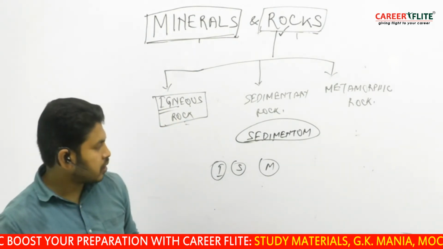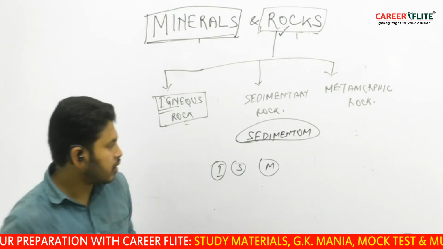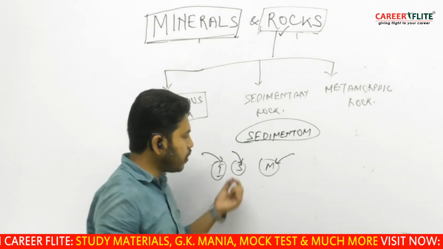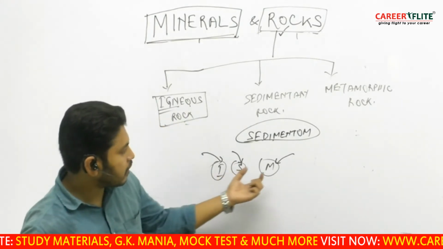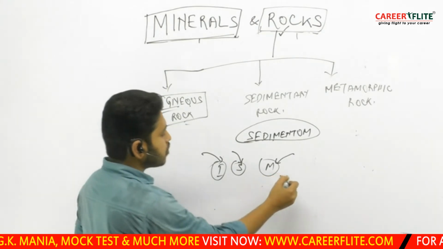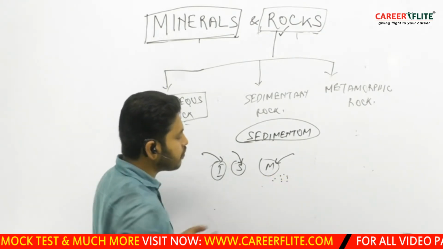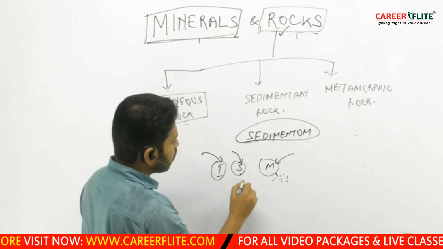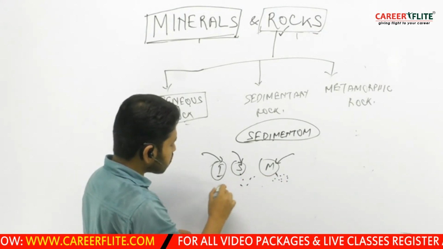As I have mentioned, different types of agents like running water will act, they will weather it, they will mechanically disintegrate it. They will make different types of fragments. After the breaking down of the rock, different types of fragments will form from metamorphic rocks, from sedimentary rock, and from igneous rock.